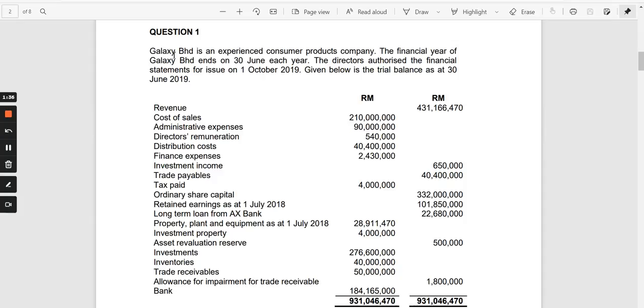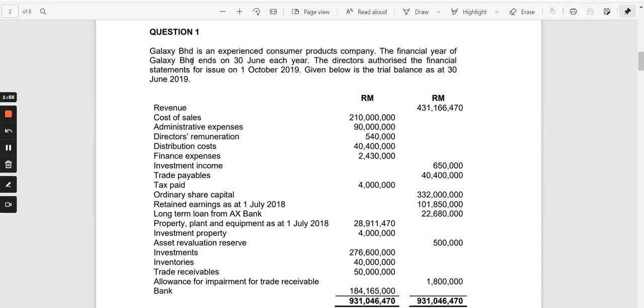What you can do first is, this is the third time that you may be preparing a company's financial statements. The first time might be in FAR 160, the second time was in FAR 210, and this is the third time in FAR 270.